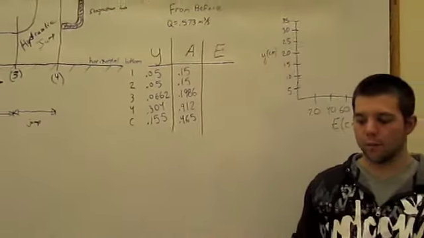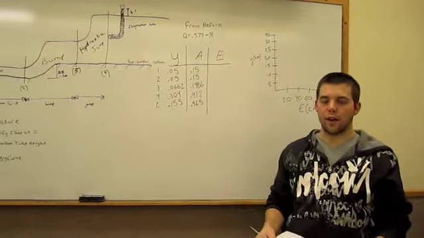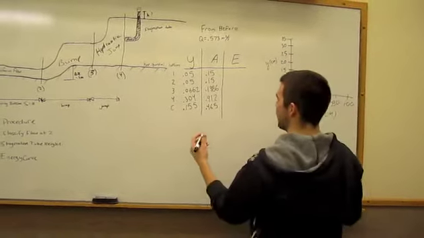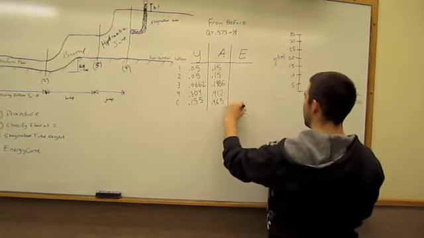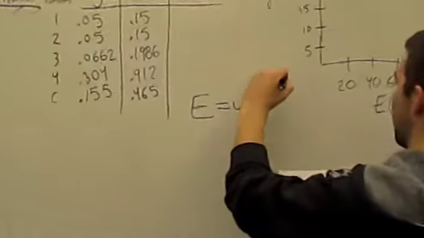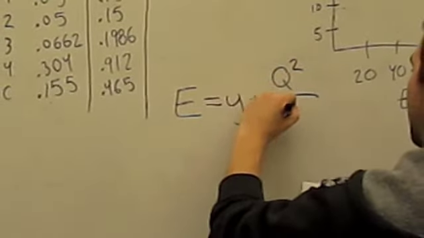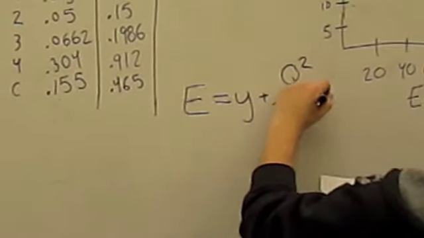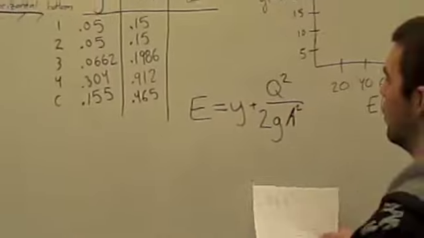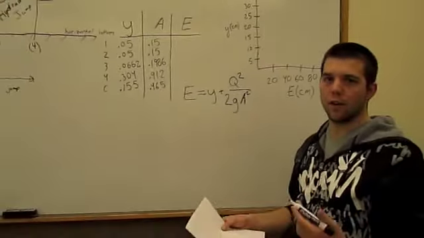From there, we're going to plug in to the equation to solve for E so that we can graph it. As we know, E equals the depth plus flow rate squared divided by 2 times gravity times area squared. So I'll do one sample calculation, and then you can do the next 4 on your own.